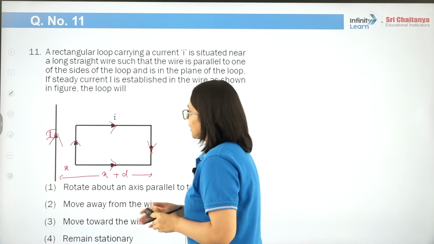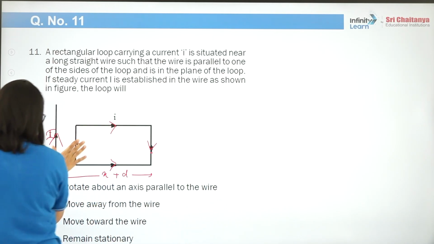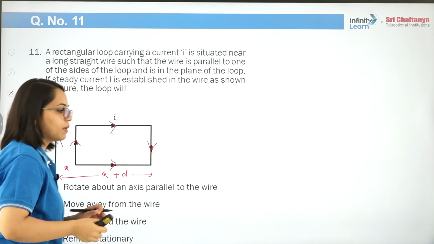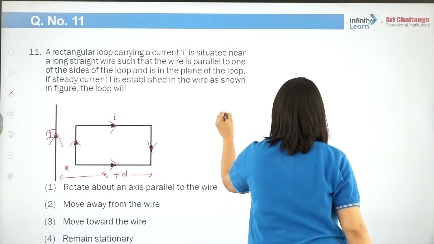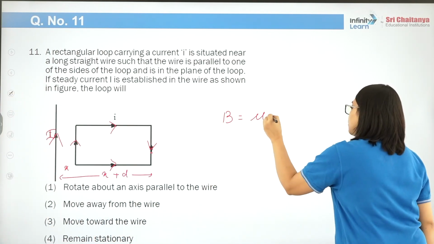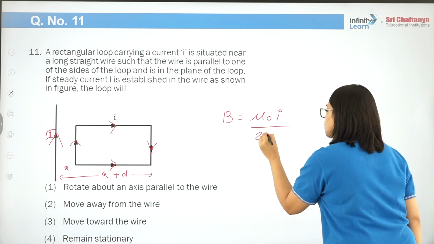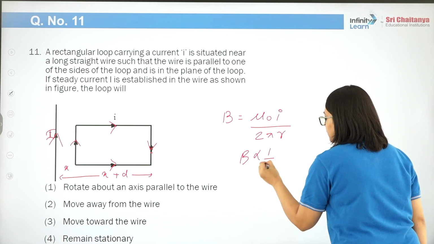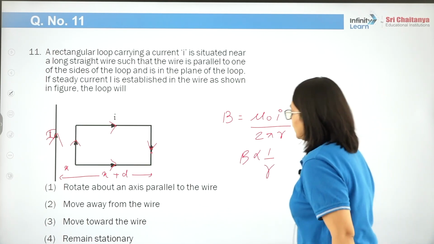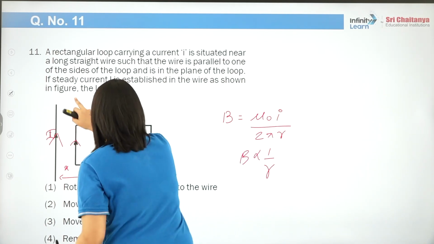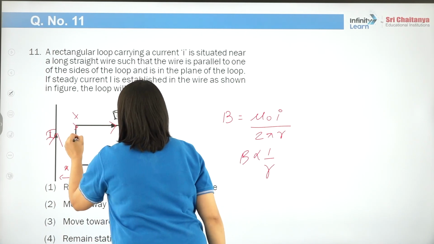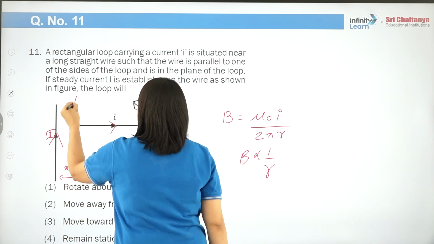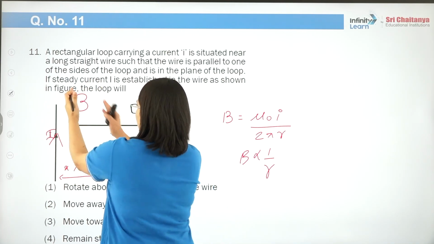Magnetic field due to this wire will be into the plane in this region, but the value is what? Mu naught I upon 2 pi r. So magnetic field is inversely proportional to r. In this region, the value of magnetic field is, let's say, this much.